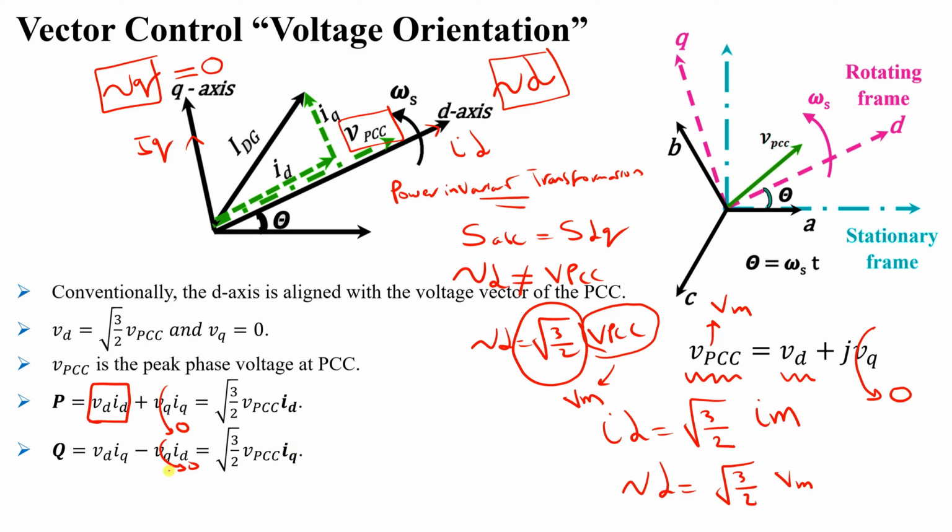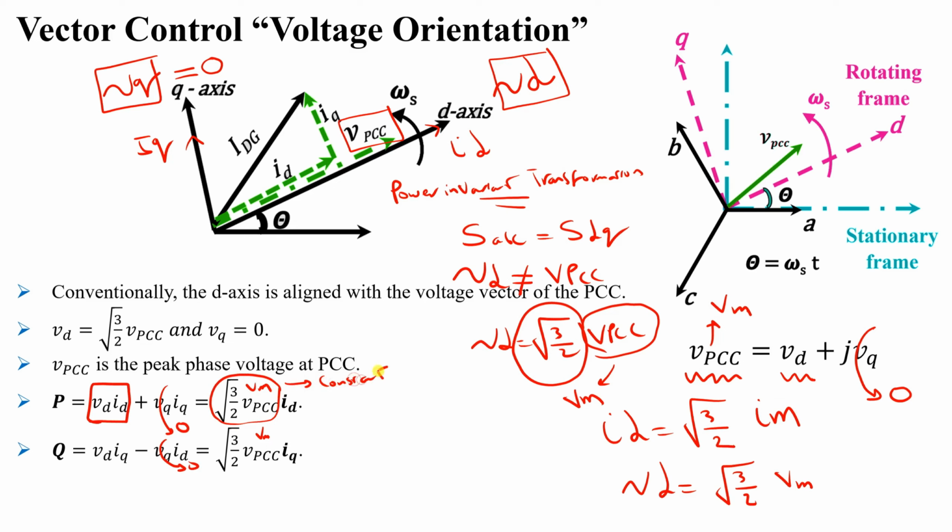Now what you can notice in these two equations is that you can see root 3 over 2 V max, which is the maximum voltage of the phase of the three-phase system. Root 3 over 2 V max, this value here is a constant, right?